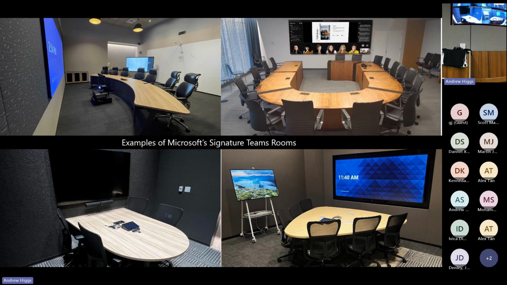Logitech have got their Rally Bar, which you can also mount on the wall, with a 120-degree field of view. There is more than just one solution than what you see on the screen here, and that's one of the most important things I want to stress, that you're not just limited to a set portfolio of devices that can provide these capabilities.